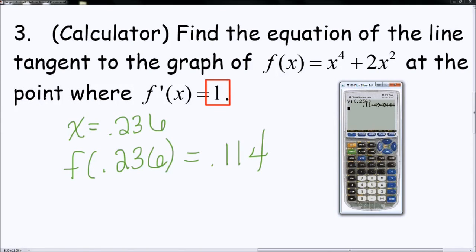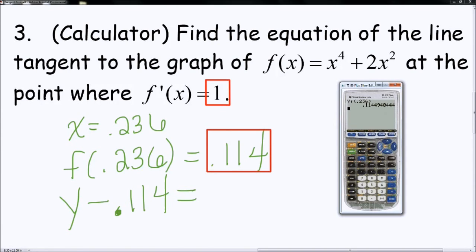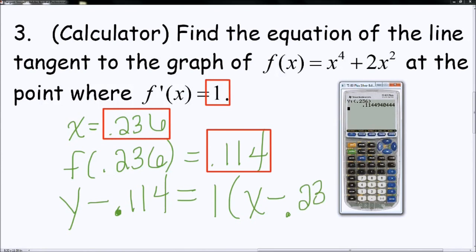And so the equation of my tangent line is y minus y1, which we found here, is equal to m, which they gave me earlier, times x minus x1, which we found by using the intersection. And that's probably one of the best ways to use your calculator.